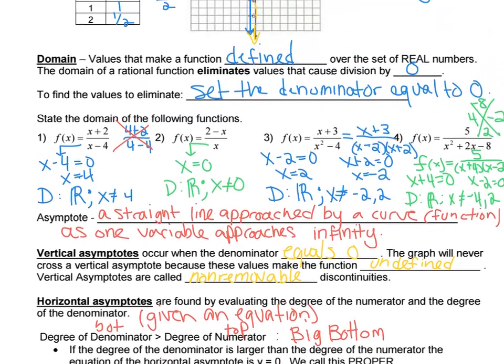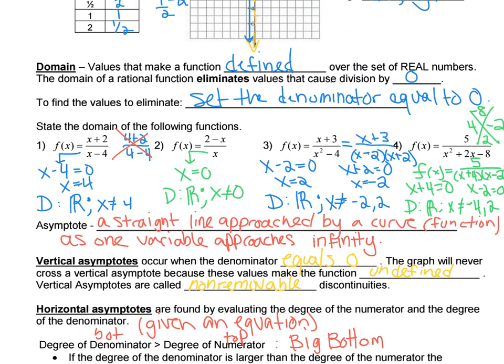So let's just look at an example here. Number 1 from this domain example, we have f of x equals x plus 2 over x minus 4. So when we're checking degrees, we're going to look just at the top or the bottom. So for the top, we have x plus 2. That x plus 2 has a degree of 1. Now let's look on the bottom. We have x minus 4, and that degree is also 1.